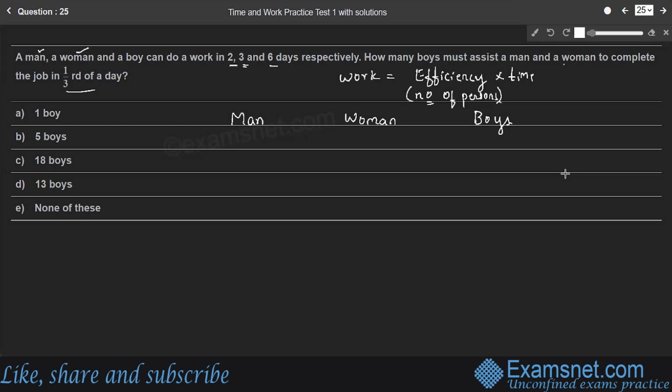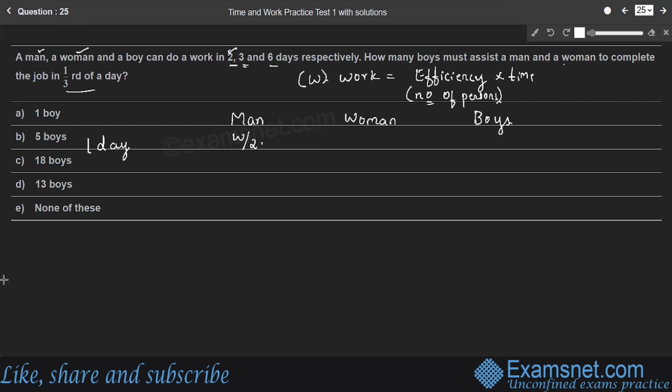If W is taken as the total work, then their 1 day work is nothing but their efficiency or capacity, which is work by time. Total work is W. Total time is 2 days here.